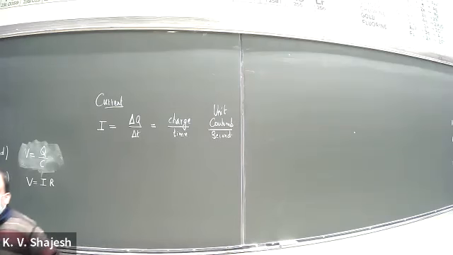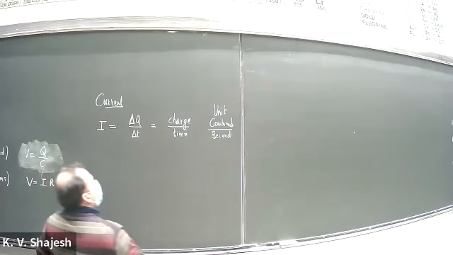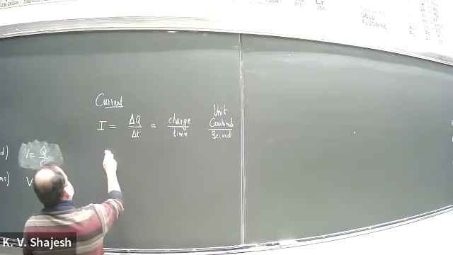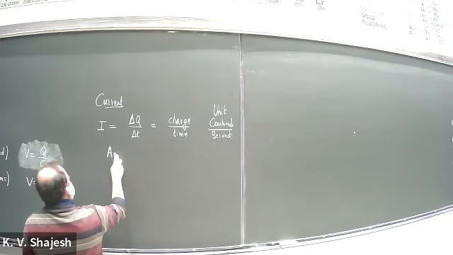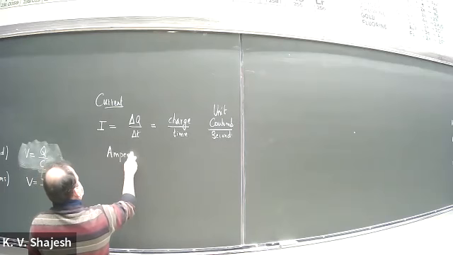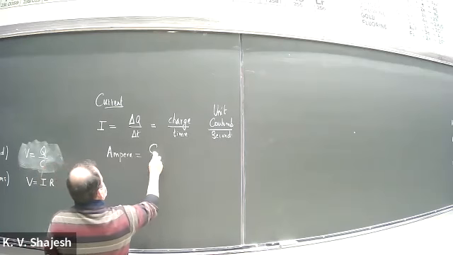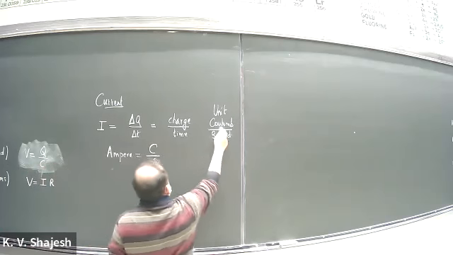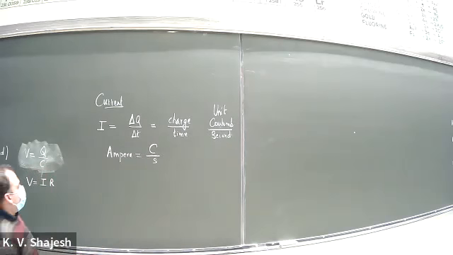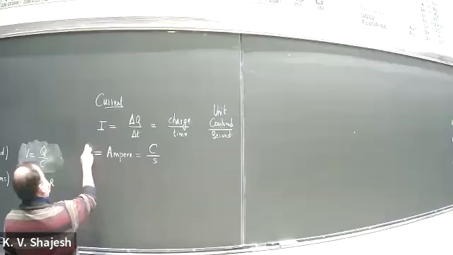And this again is such a common unit, you tend to use it so often that you create a vocabulary for it. You say this is ampere. So an ampere would be coulomb per second, and this is usually represented just by the letter A.